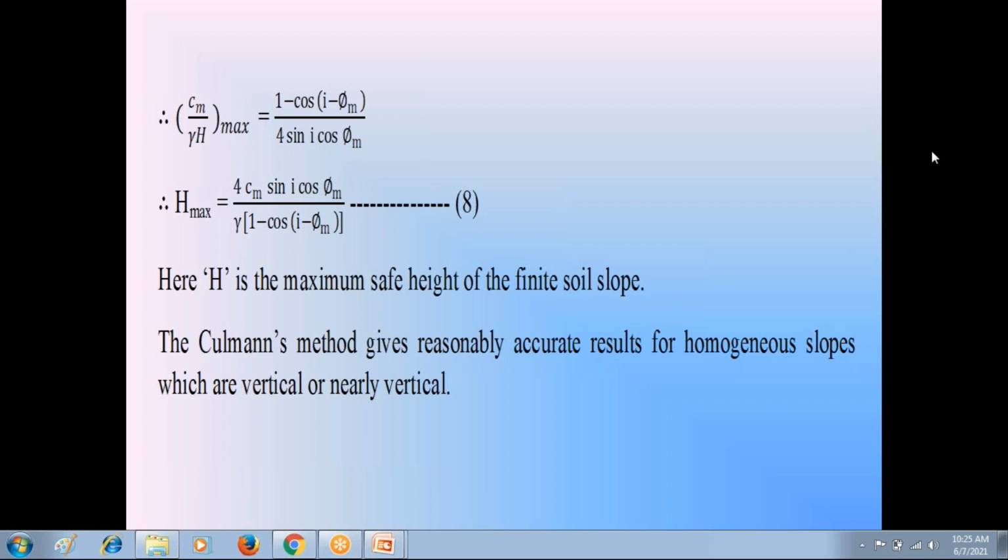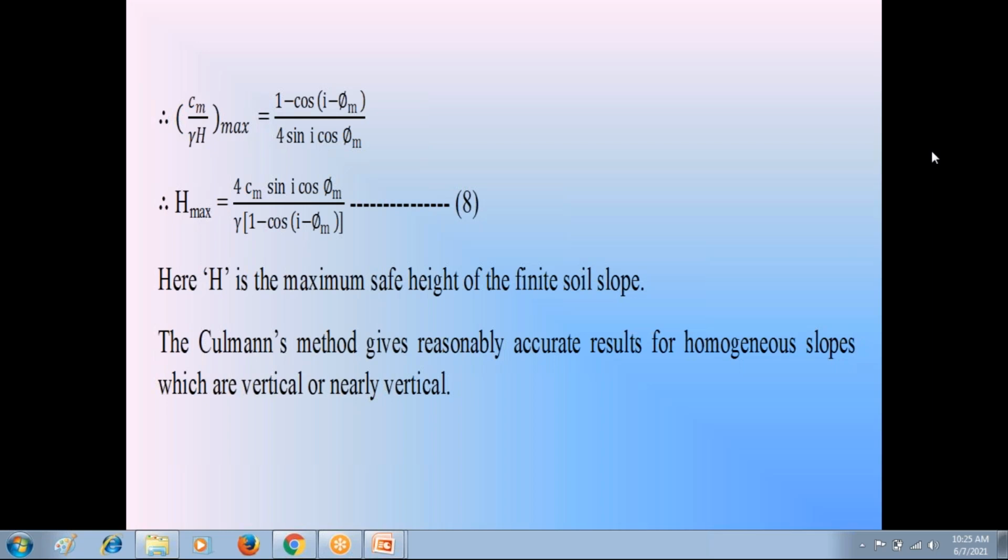So we substitute that alpha in the stability number equation. So Cm by gamma h maximum is equal to half into cosecant i into secant phi m into sine of i minus (i plus phi m) by 2 into sine of (i plus phi m) by 2 minus phi m. We simplified that equation.